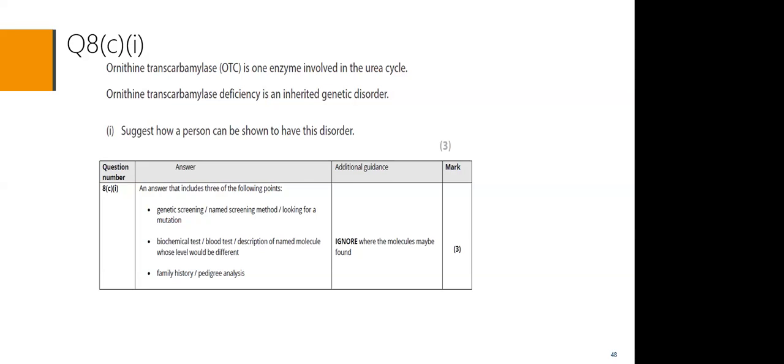And you can actually get the marks without naming specific tests or molecules, because candidates wouldn't be expected to have learned that information. I can see there's quite a lot of variation in the marks that are being given.